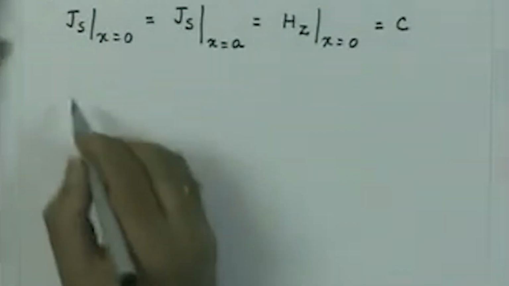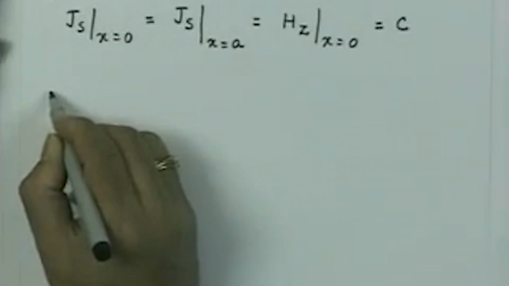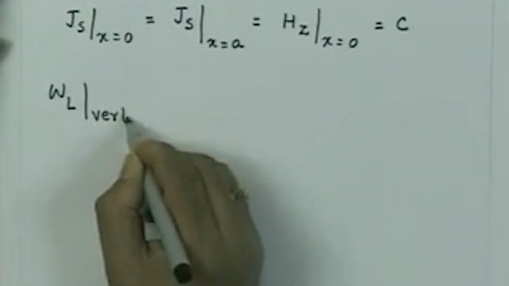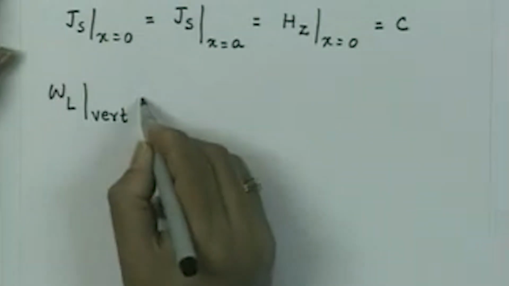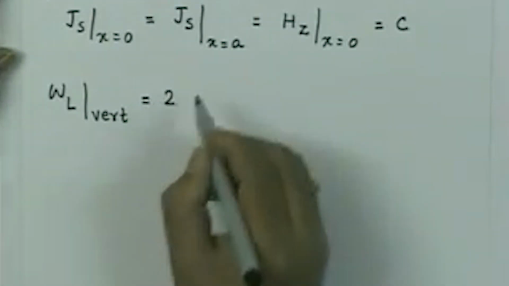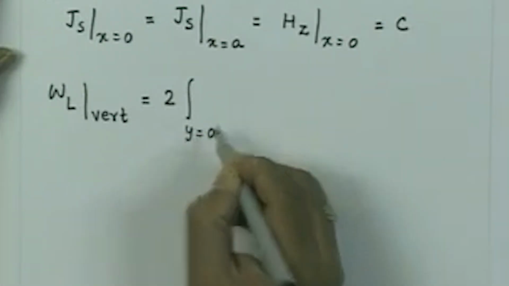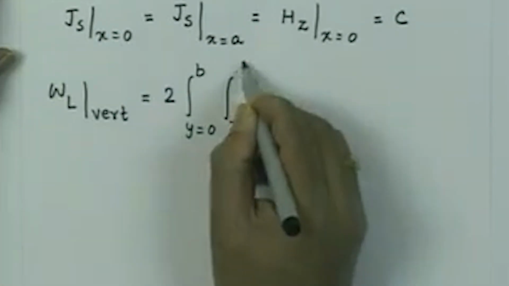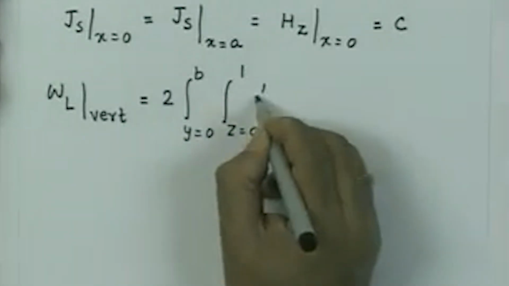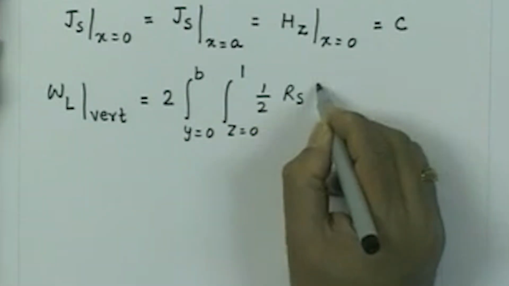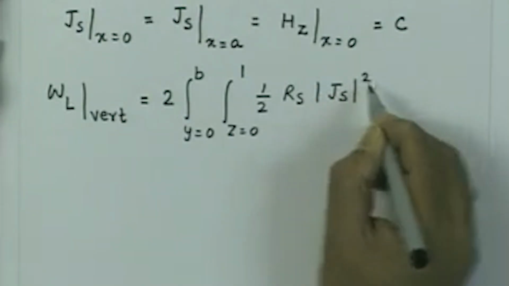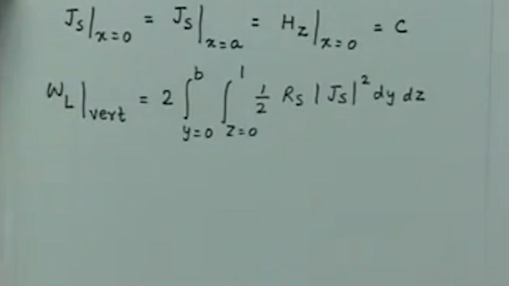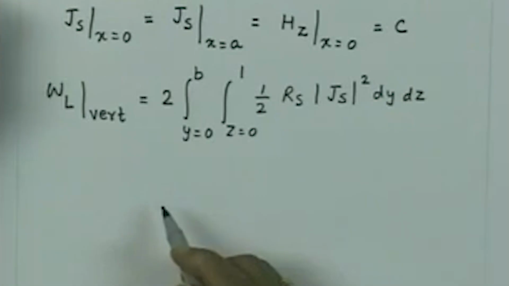So, we can get the W_L in vertical walls, that will be 2 times integral y equal to 0 to b, z per unit length, so z equal to 0 to 1, half Rs |J|^2 dy dz, and Js is given by this, which is C.